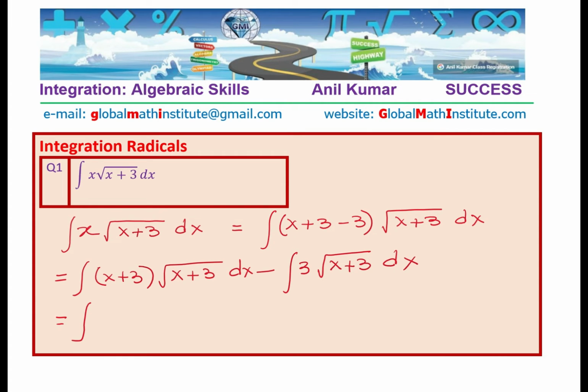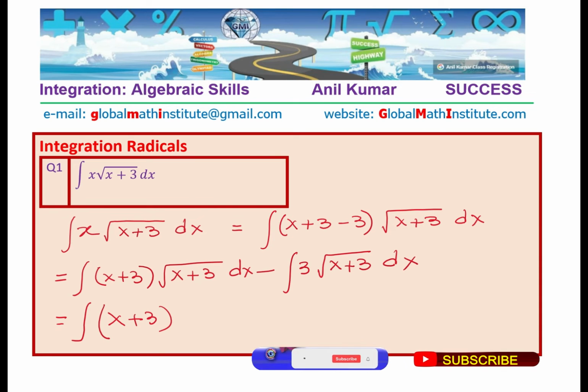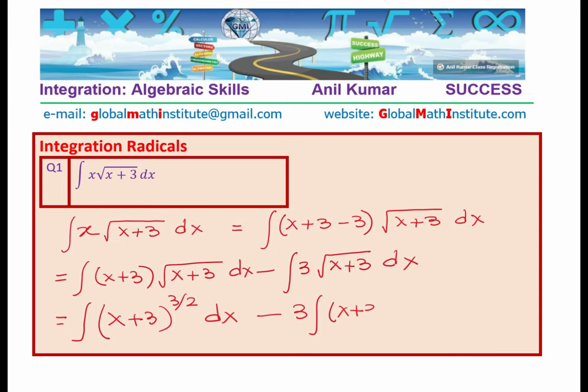Now we have the first term, which is x plus 3 to the power of 1 plus half, which is 3 by 2 dx, minus, here we can take out 3, and here we have x plus 3 to the power of half dx. Do you see that? So this is the strategy. So we have split it into 2 different terms and we have x plus 3 to the power of something, and now we can use the power rule to find the integral. Is that clear to you, right? So let's take it on the next page.